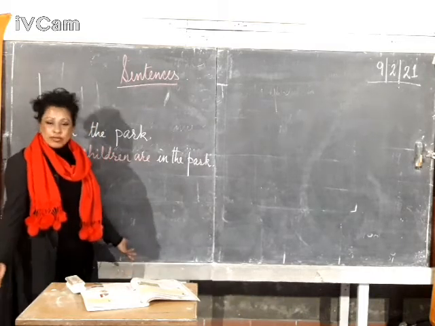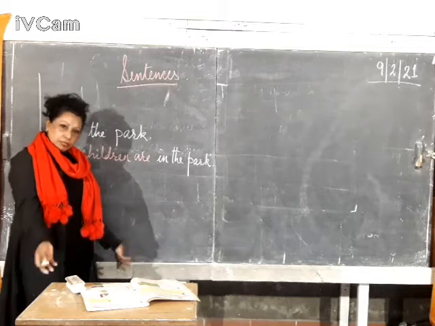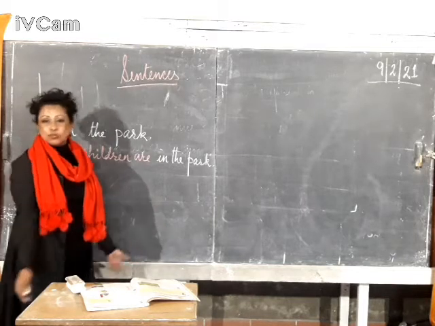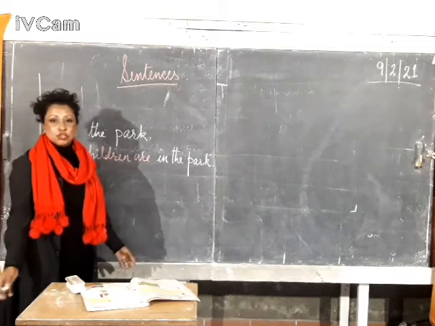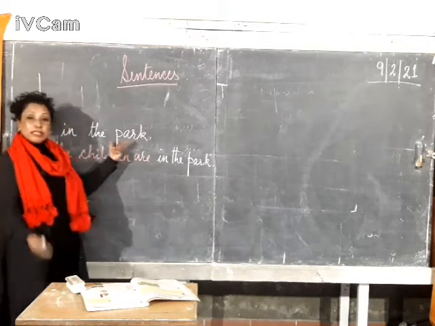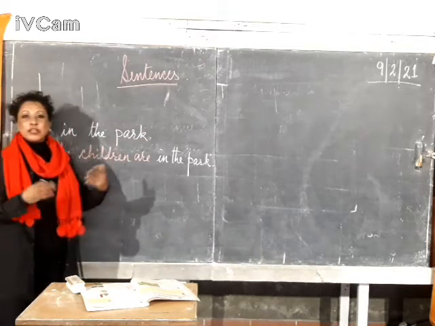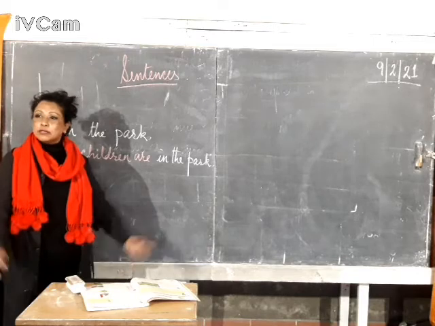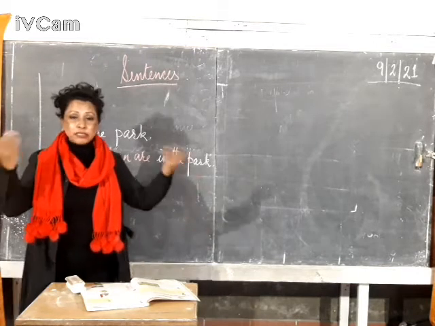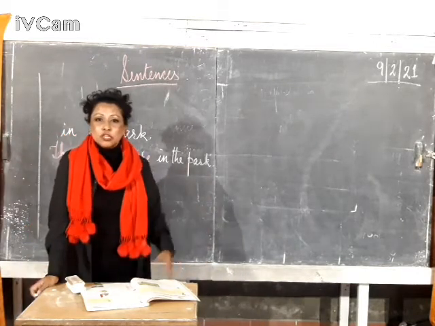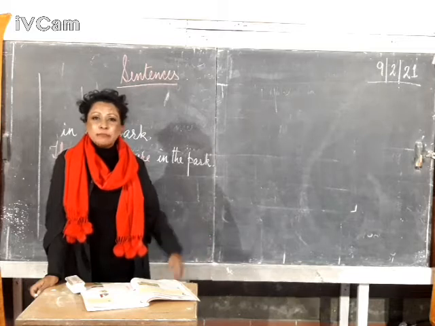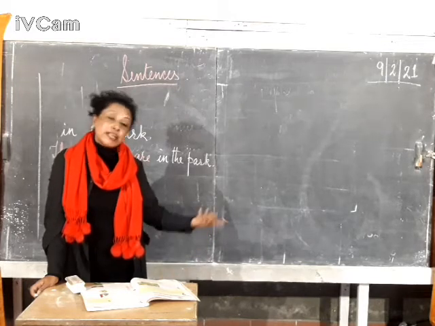So you'll have no more questions to ask, isn't it? What happened in the park? Who is in the park? You will not ask such questions. Whereas when I just tell you, in the park, children in the park, that means there are so many questions that might arise in your mind. So what happened in the park?